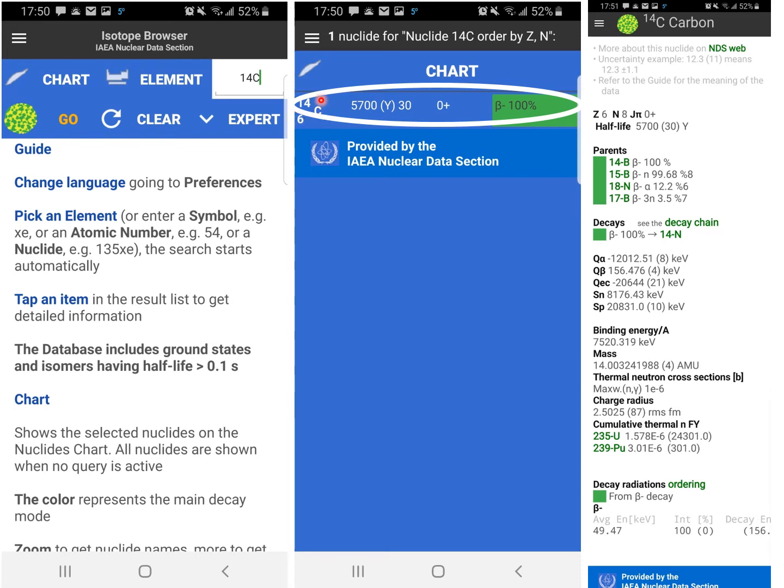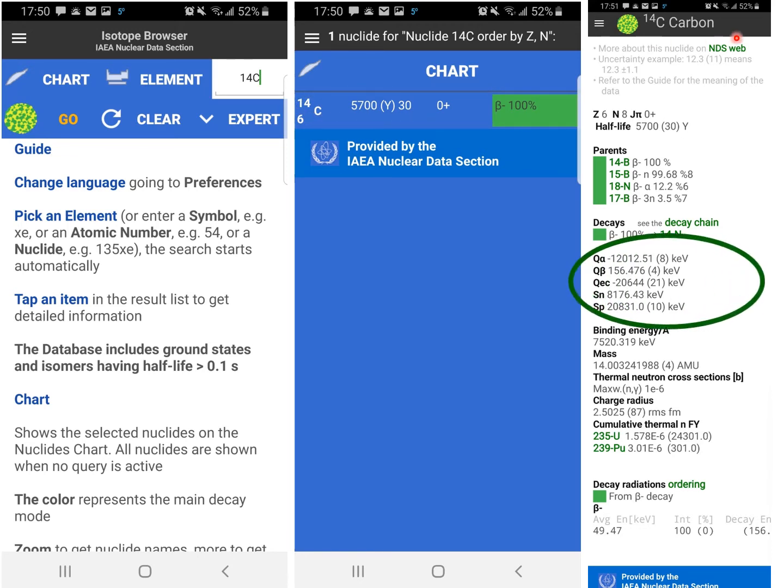Here would be the information: carbon-14, the half-life, the spin and parity, and the decay mode, followed by the percentage or any branching ratios. You would select this, and it would bring you to the next page, which gives you the references, the number of protons, neutrons, spin and parity, the half-life, the parents, the decays, and these Q values.